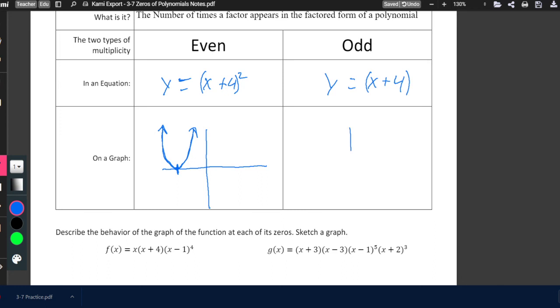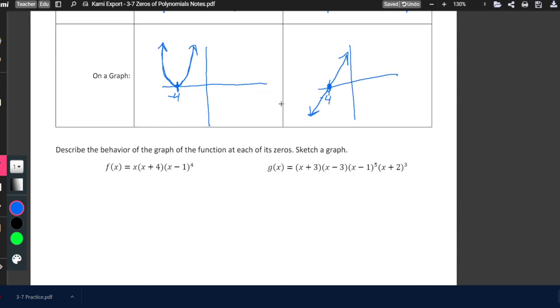For odds, at x equals -4, the line switches signs from negative to positive. It crosses the x-axis. Basically, if it crosses the x-axis, that means our degree is odd. If it just touches, our degree is even. Yes?